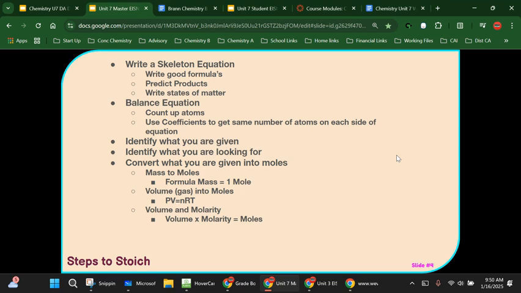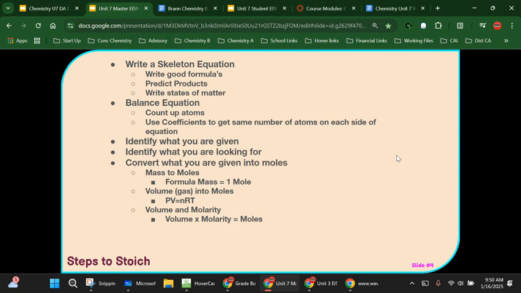Then you're going to have to get organized. What are you given? How much of this reacted? How much of this reacted? What are you looking for? Because you're only going to look for one product. You're going to look for one thing that is created. Okay? And you're going to convert what you're given into moles. And there are 3 ways you will be given it.